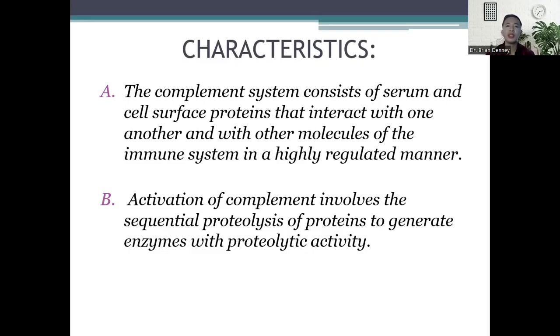And I want you to give your 100% focus on these succeeding slides. It's because this will be the foundation, the basics on how the complement system really works in defending your body against foreign substances. So let's discuss now the characteristics of your complement system.